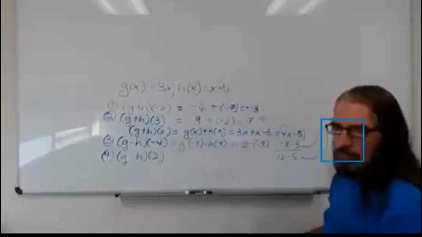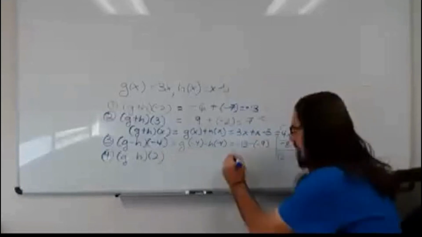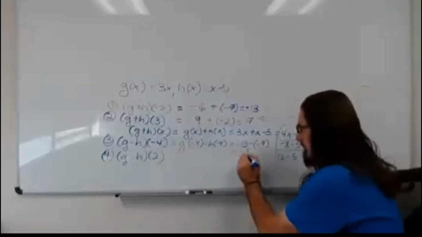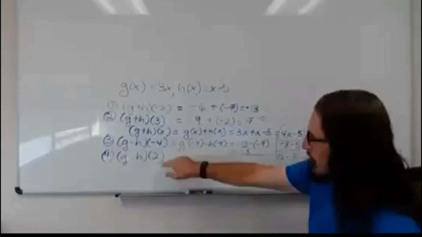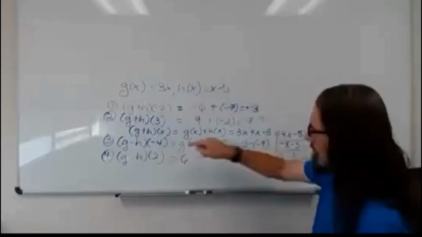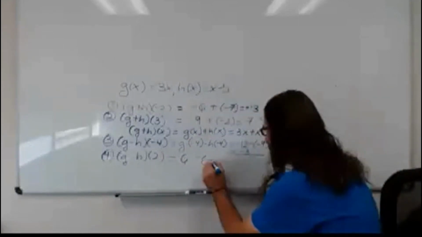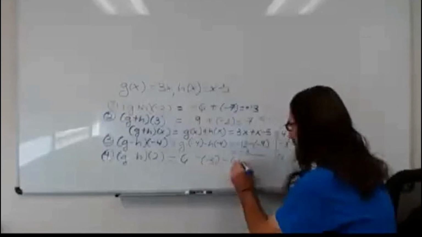Negative 12 minus a negative 9 is the same as adding a positive 9, so I get negative 3. When I put in the 2, 3 times 2 is 6. 2 minus 5 is negative 3. 6 plus 3 gives me 9.